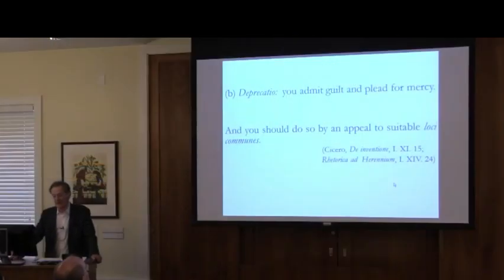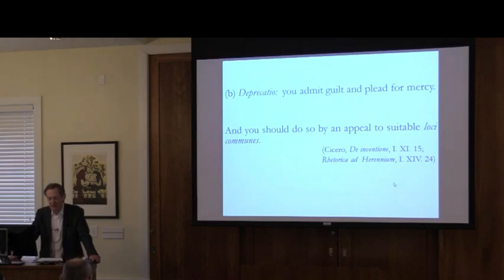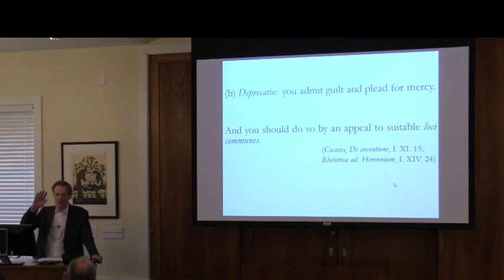But here's the alternative, and this is where you're in real trouble. You have to admit that you acted with foresight and deliberation, and you just plead for mercy. Now, if you are in that position, you must, Cicero says, you must enter your plea straight away.